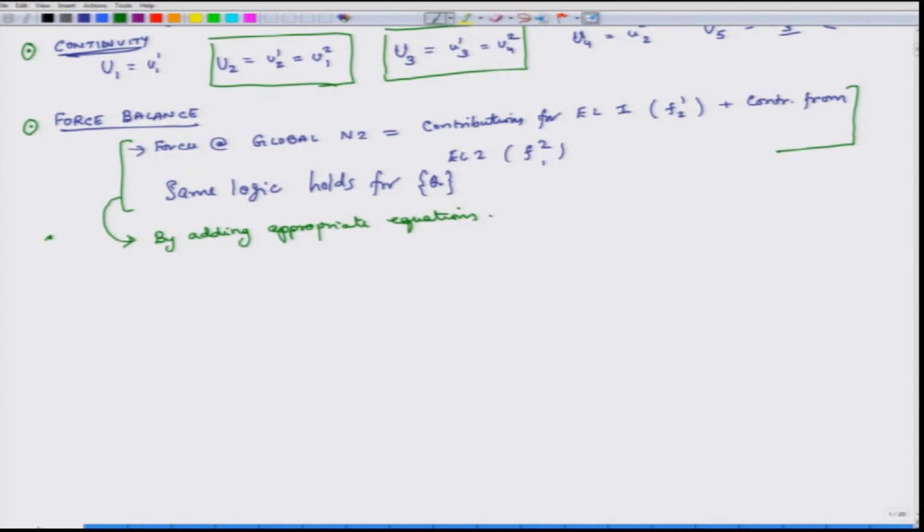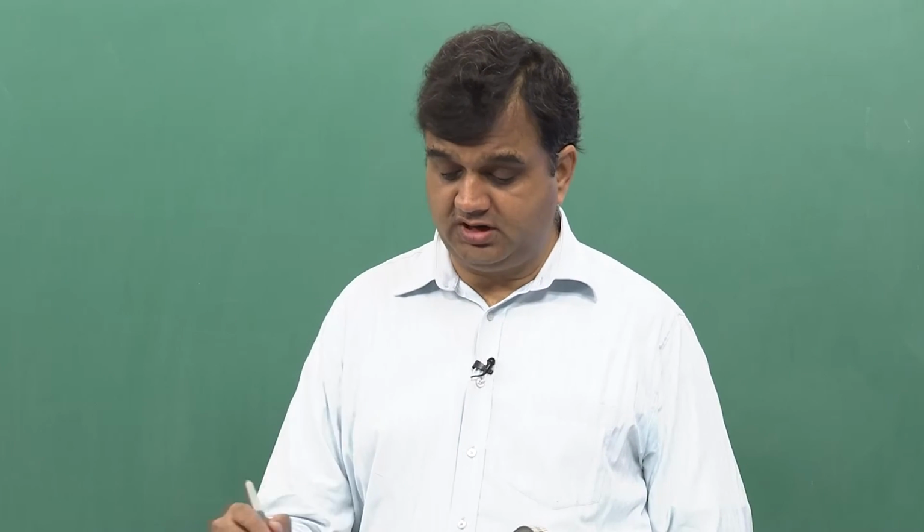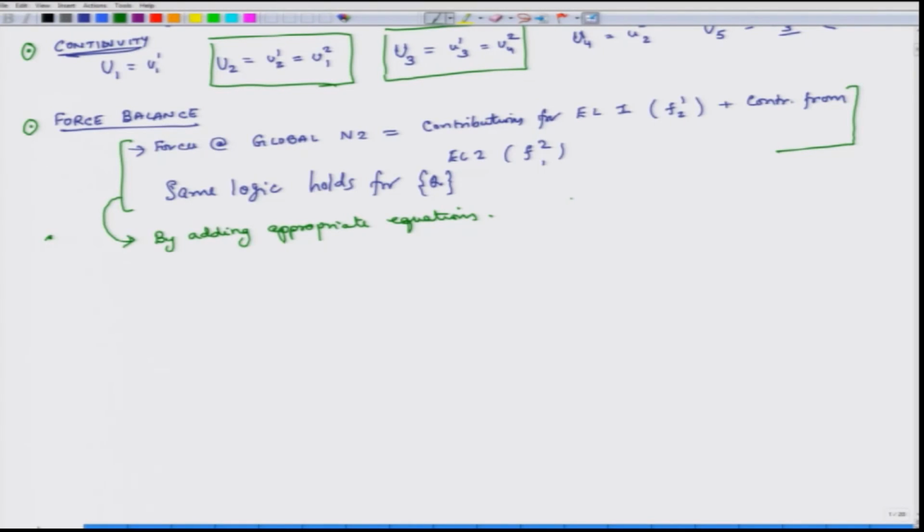Once we add up these appropriate equations, terms from the K matrix get added up, and once that happens, we get a global K matrix and a global force vector.